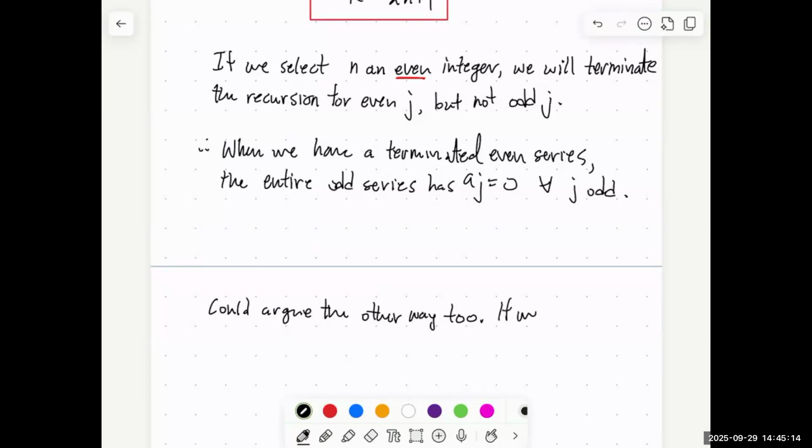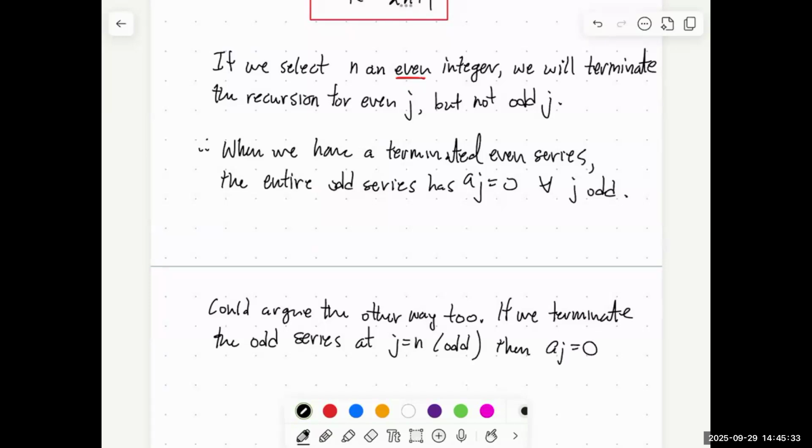So we could argue the other way too. If we terminate the odd series at j equals n, where n would have to be some odd number, like 7 or something like that, then we would have to require that a_j equals 0 for all j even.